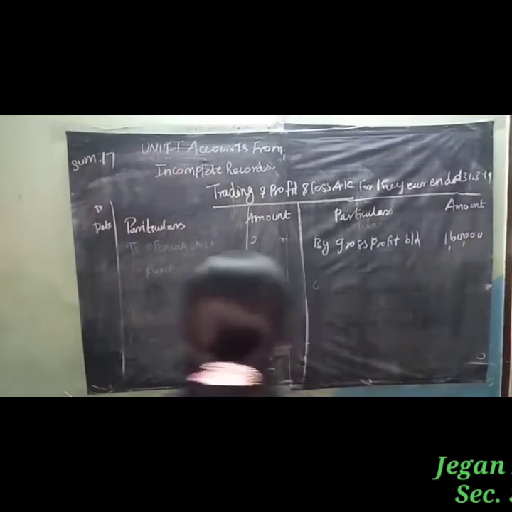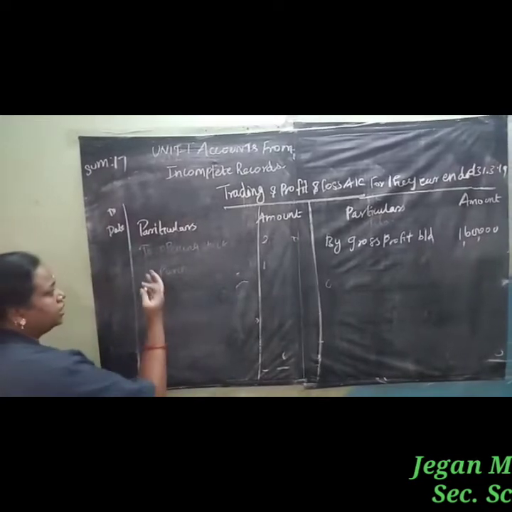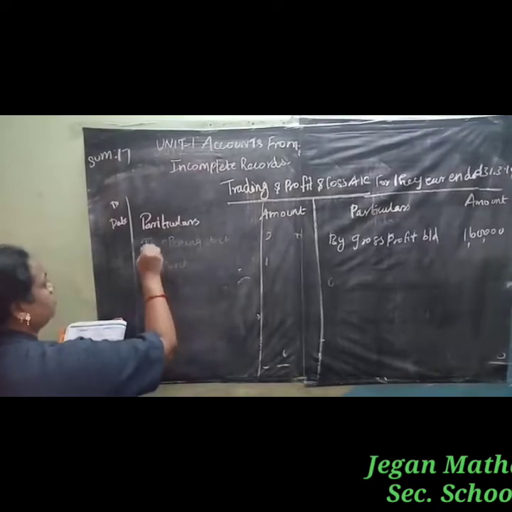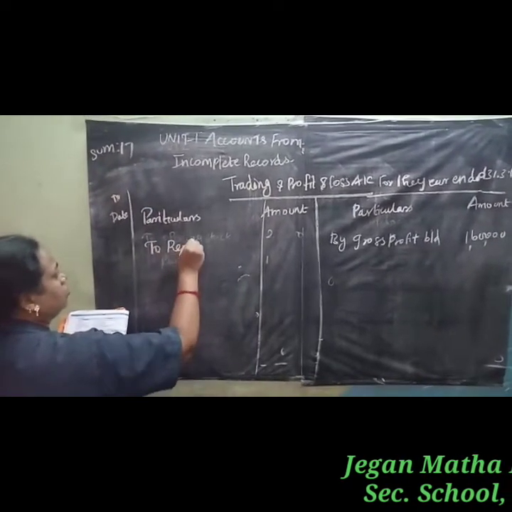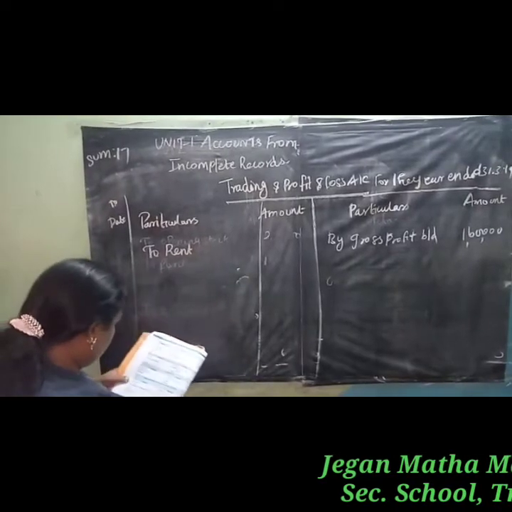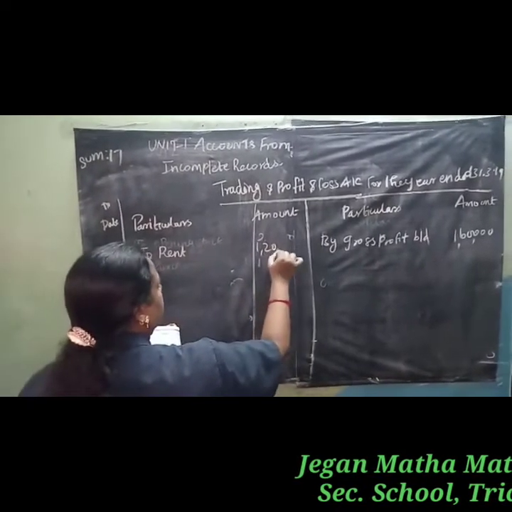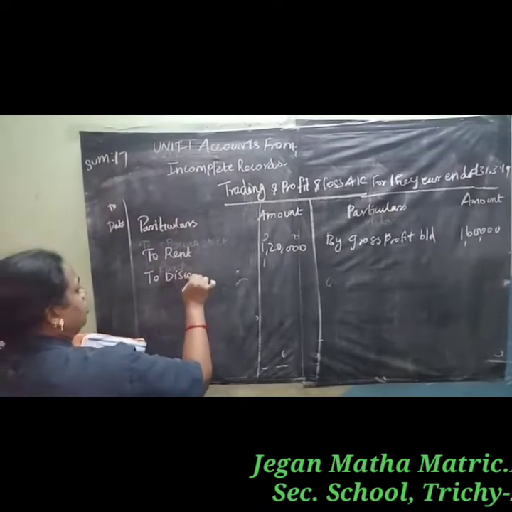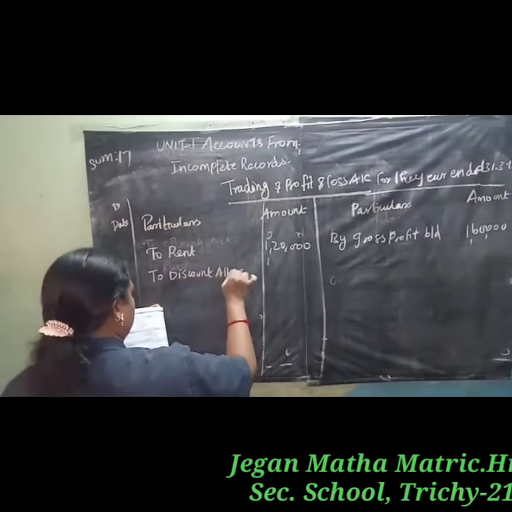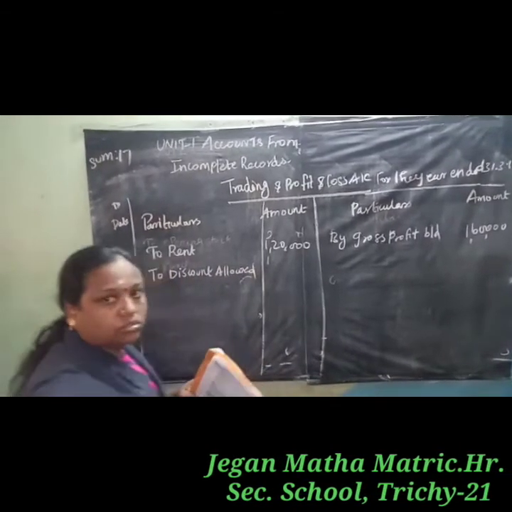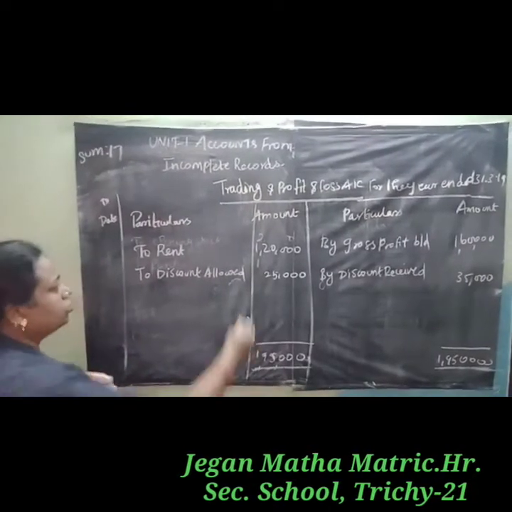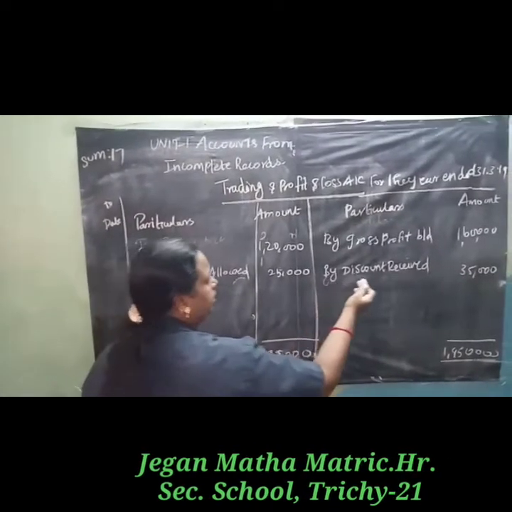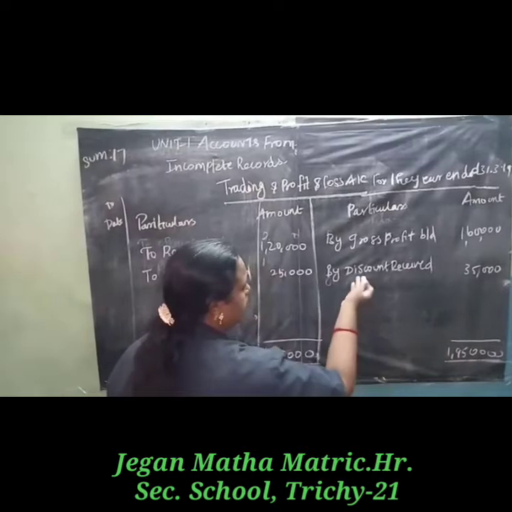On the debit side of the profit and loss account we write the indirect expenses, which are also given. Rent paid 1,20,000, then discount allowed 25,000. On the credit side, by discount received 35,000, an indirect income.